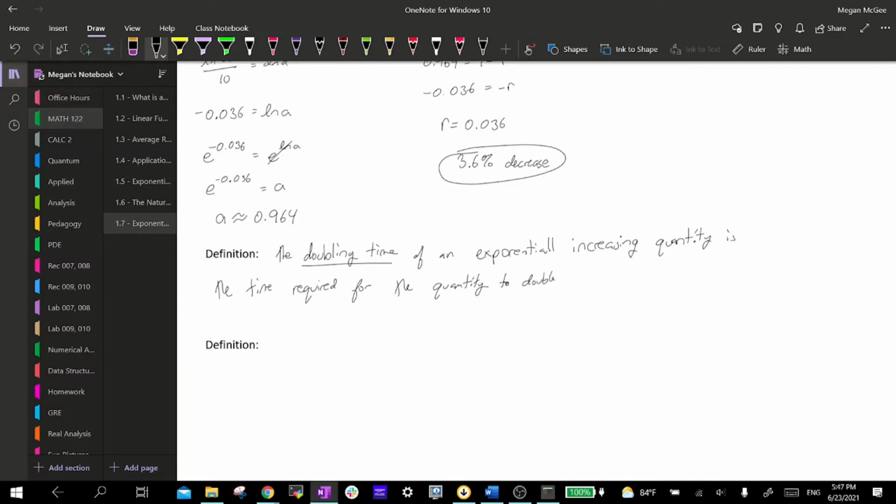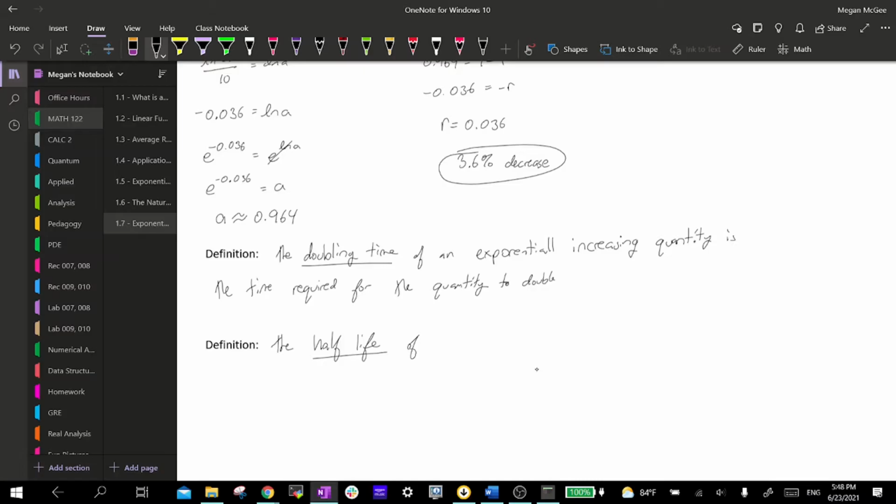All right, so if you started with 5 of whatever, and you want to know how long it will take until you've doubled, so how long it will take until you have 10 of whatever unit you're dealing with. All right, so that's the doubling time. And then we have the half-life, which is essentially the halving time, but we call it the half-life.